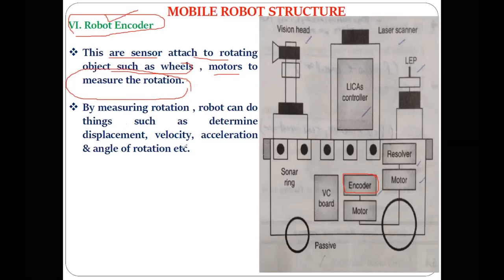Now, by measuring the rotation, what conclusion can be made from the rotations of the motors or the wheels? With the help of measuring the rotations of the wheels and motors, what conclusion can be made by the robot?